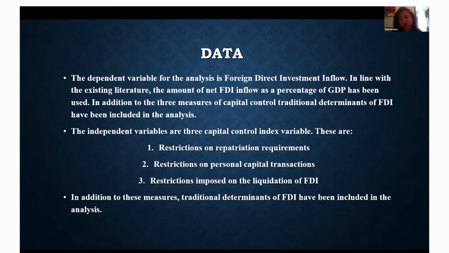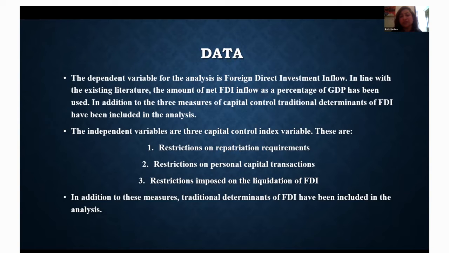I have chosen this period to facilitate the study, as most of the countries started taking capital control policies after 2000 onwards. I would say that was the period till the data was available as well.